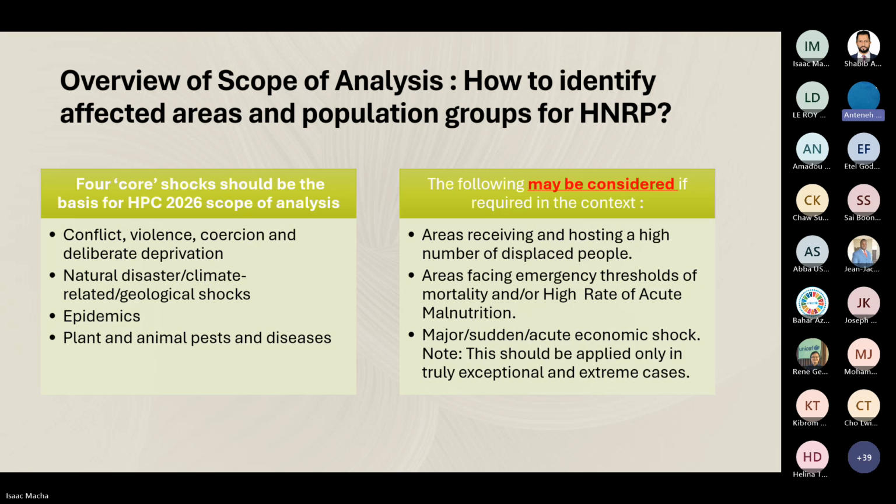The important shocks that need to be considered in HPC countries are: number one, conflict, violence, coercion, and deliberate deprivation of services; natural disaster, climate-related and geological shocks; and epidemic, plant and animal pests and diseases. So these are the core shocks that need to be considered in HPC countries.